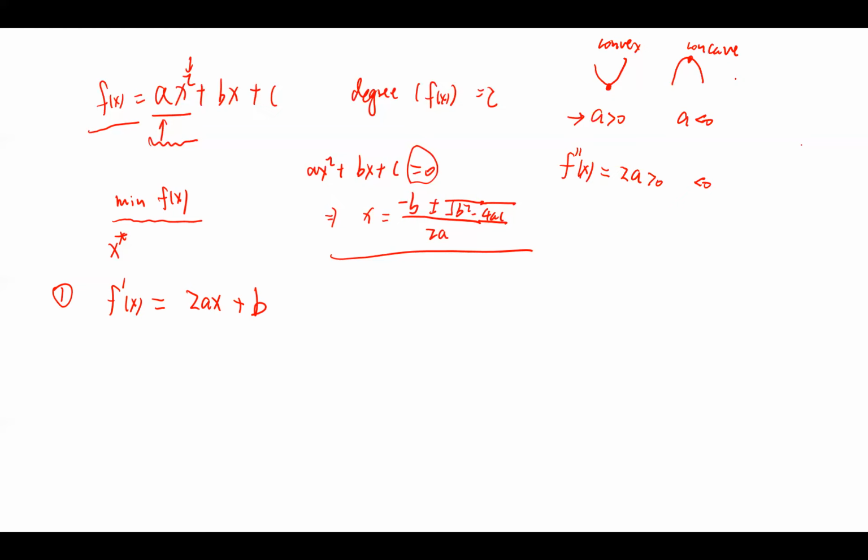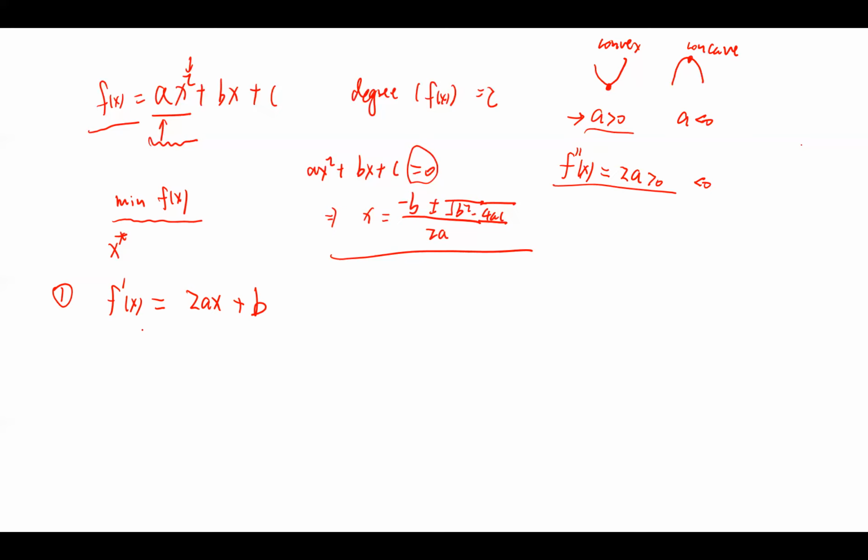This is actually equivalent, but in the first case we are jumping to the conclusion straight based on the properties of the quadratic function. In the second case, we are using the second derivative, which is another helpful tool to help us identify whether the function is convex or concave.